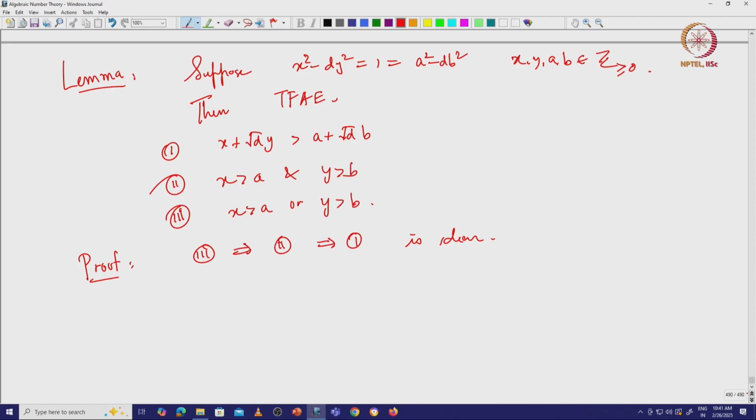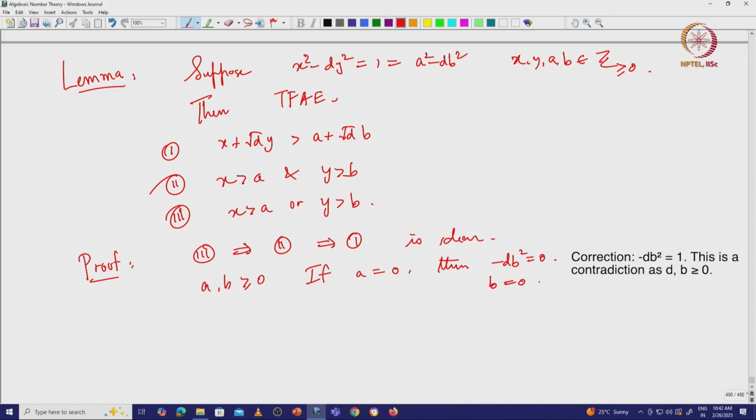And a and b are both bigger than or equal to 0. So, what happens if a is equal to 0? If a is equal to 0, then minus db square is equal to 0, which means that b is equal to 0, but then a square minus db square is 0, which is not equal to 1.